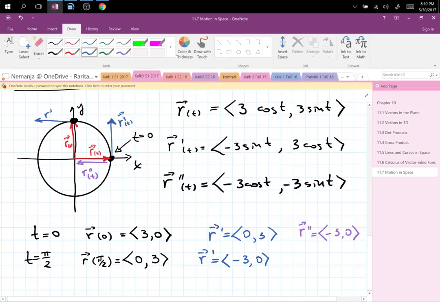And that's your r prime of t. And then purple, the acceleration at pi over 2 is going to be 0, negative 3.